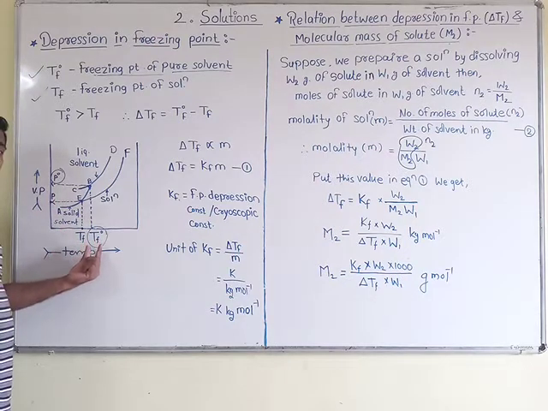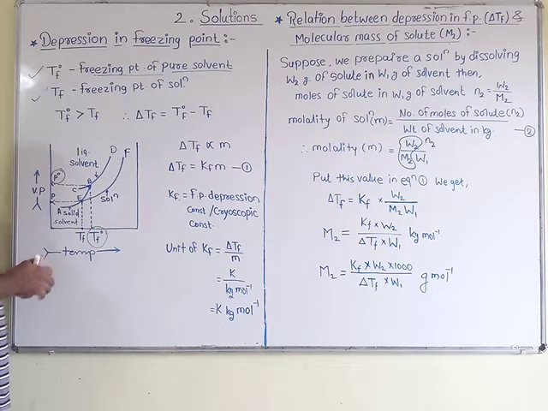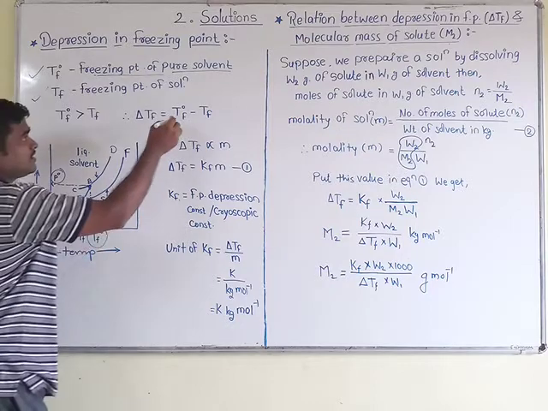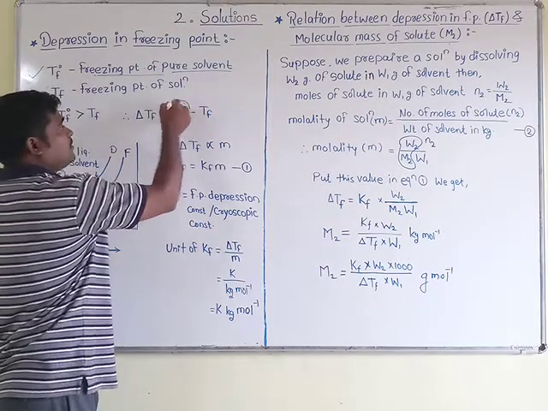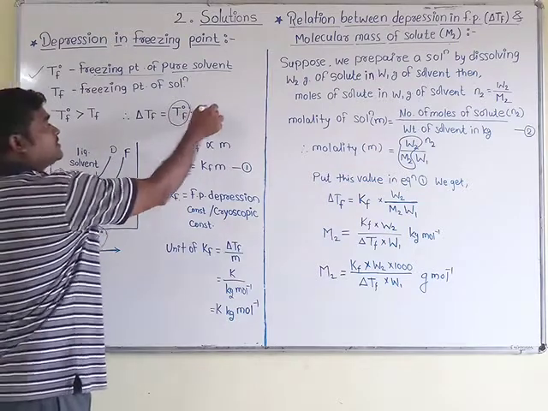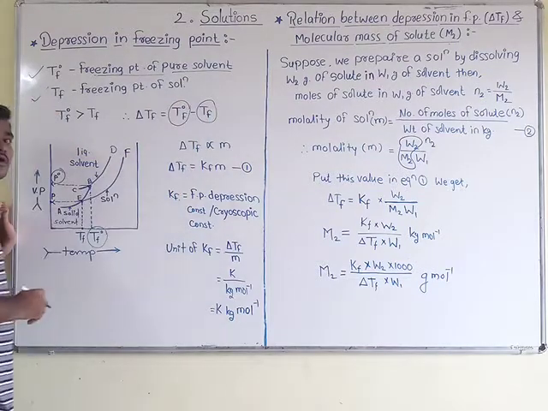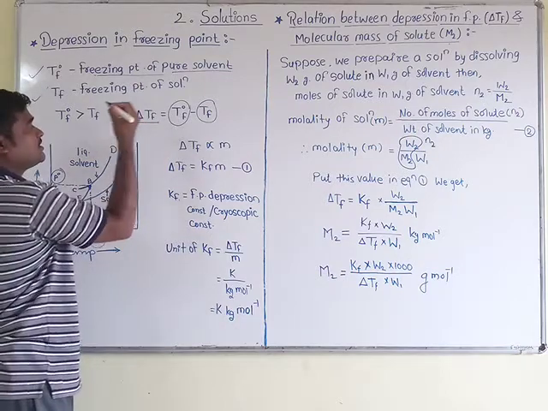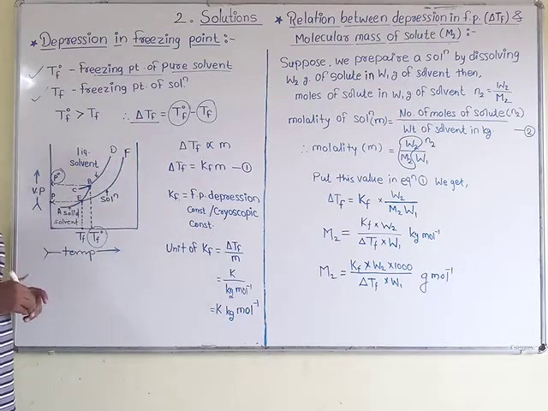And here, always, for getting a positive value, we subtract the lesser value from the bigger quantity, so that we get a positive value of delta TF.